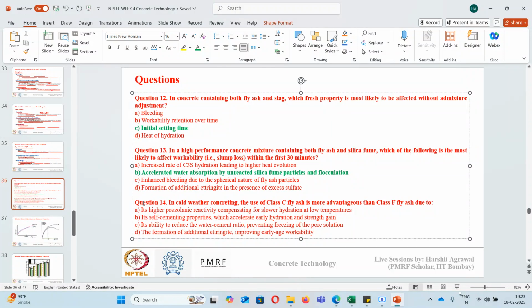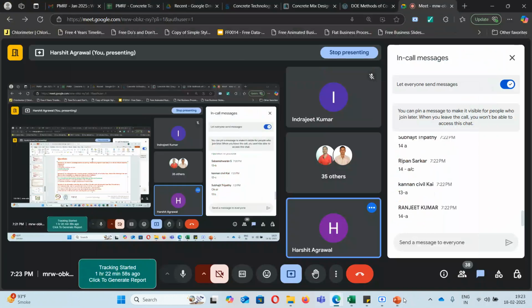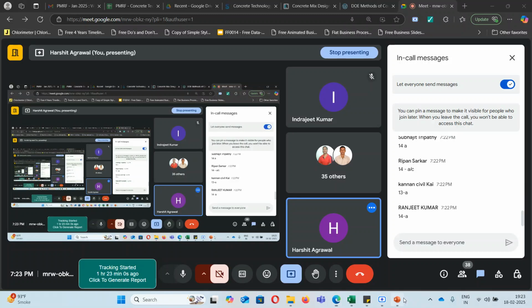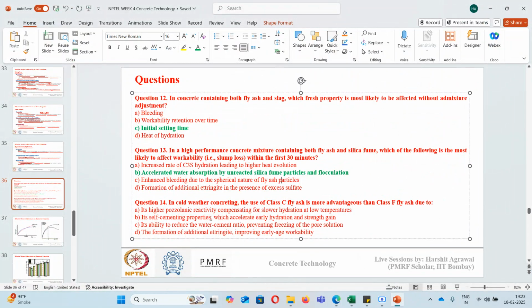For question number 14, in cold weather concreting, the use of class C fly ash is more advantageous than class F fly ash due to. So the answer will be C in this case, because class C fly ash shows self-cementitious property, which accelerates the early hydration and strength gain. So this we have already discussed.